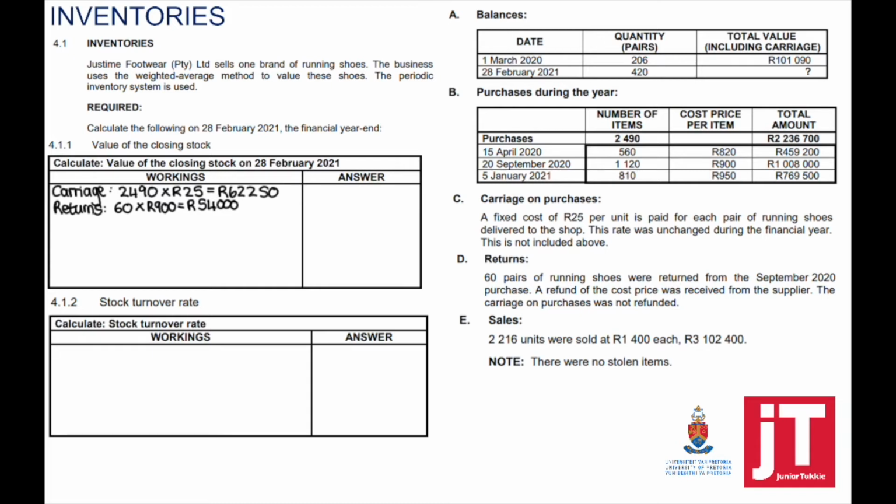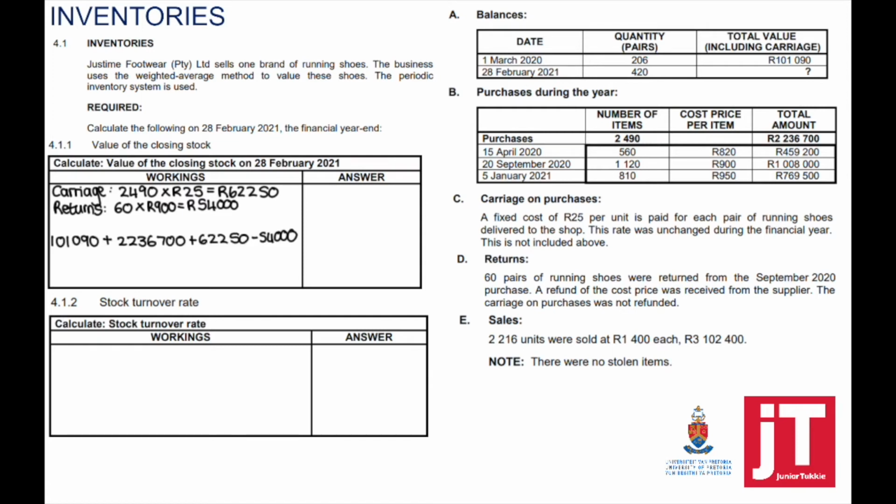In this question, there were not additional costs like custom duties, import duties. Divided by the number of units equals my average price. Once we've got the average price, we need to times that by the number of units left over at the end of the accounting period.